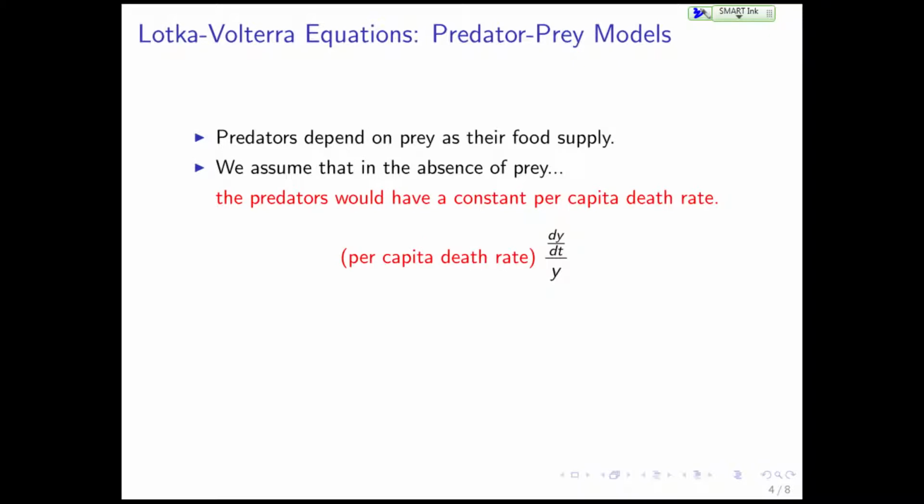So what we're saying with this assumption is that the rate of change of the population size of predators is scaled by the predator population size.